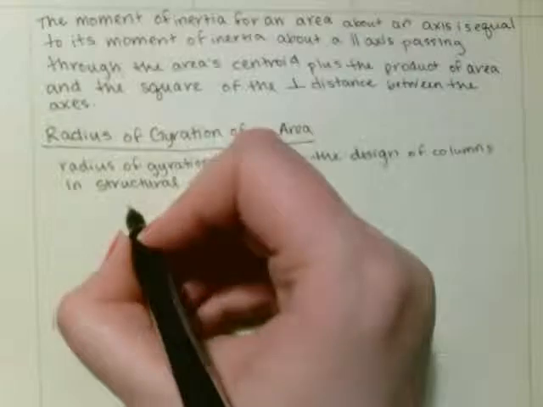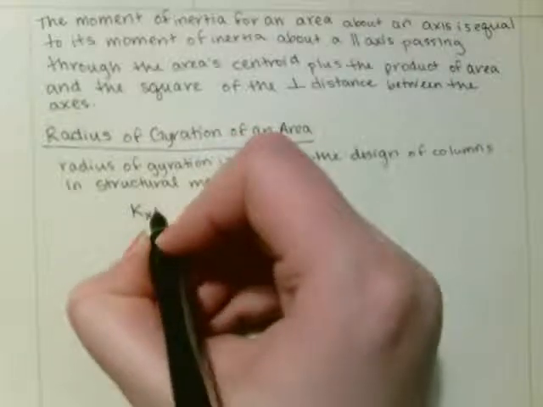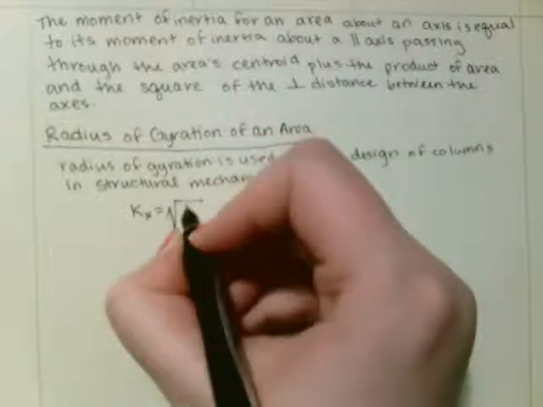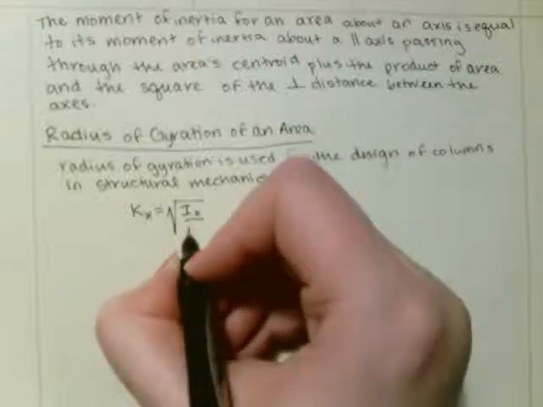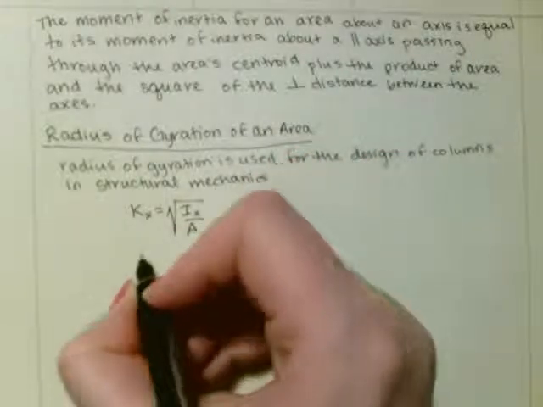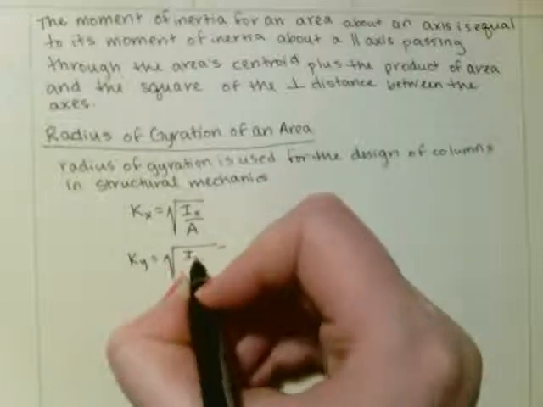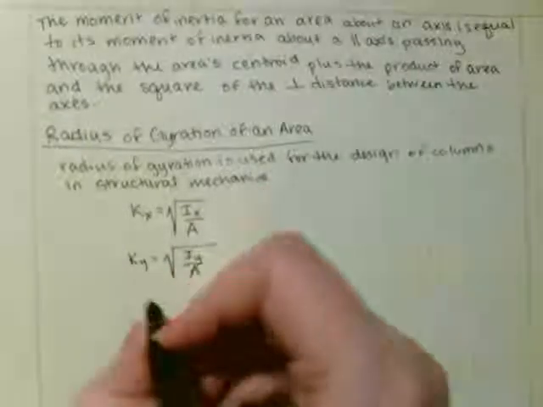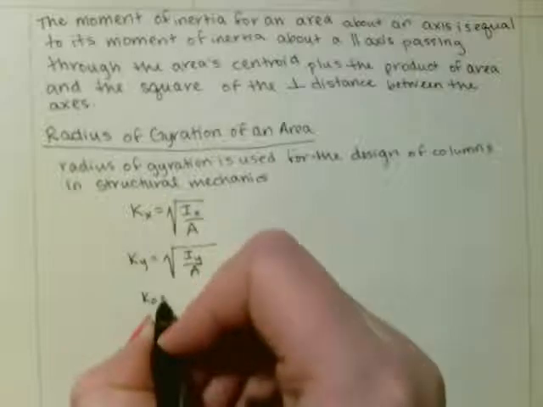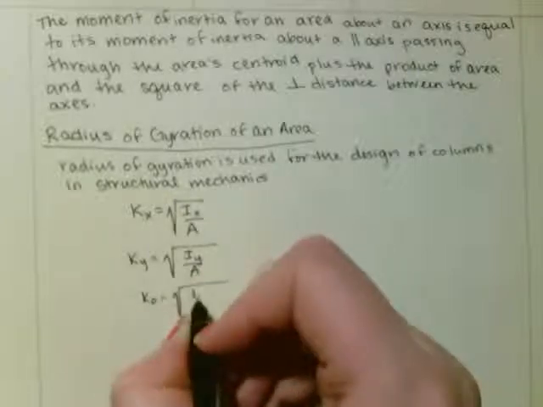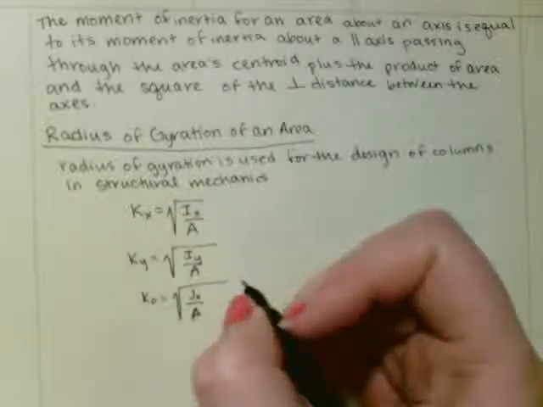So that's defined as kx is equal to the square root of Ix over A, ky is equal to the square root of Iy over A, and ko is equal to the square root of Jo over A.